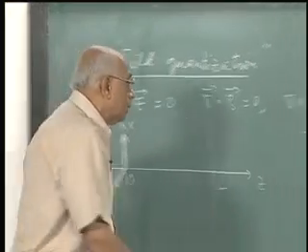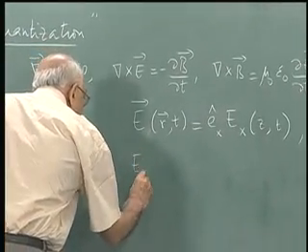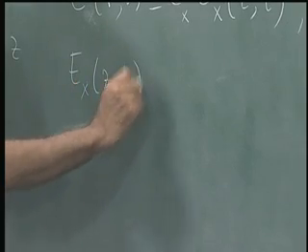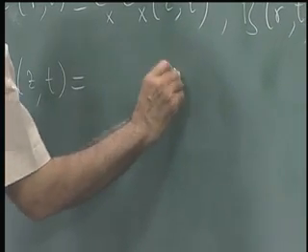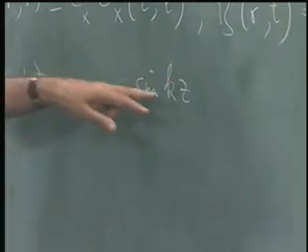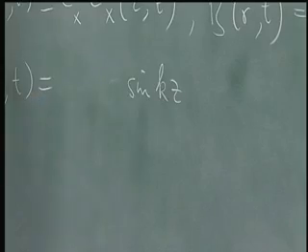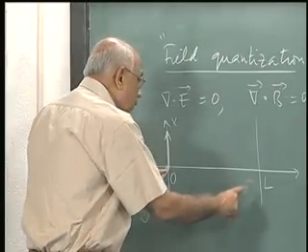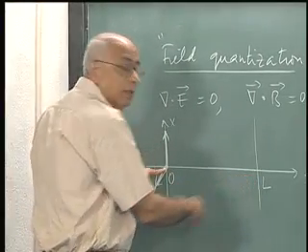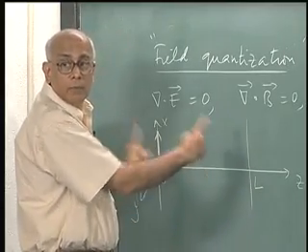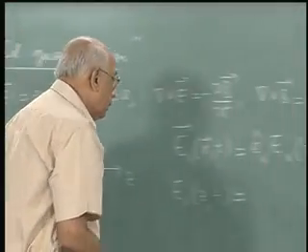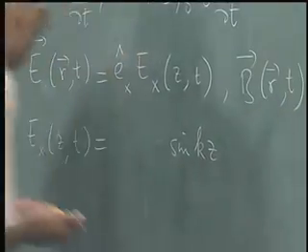Then Ex of z and t is of the form sin kz, where k is the wave number of this propagation, and it is going to be such that sin kz is 0 at z equal to 0 and 0 at z equal to L. Those are the boundary conditions, times a normalization. So let me write down the solution.